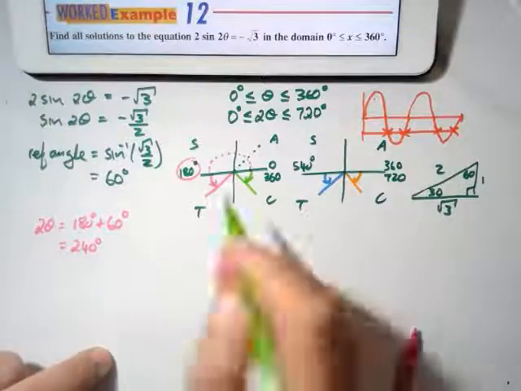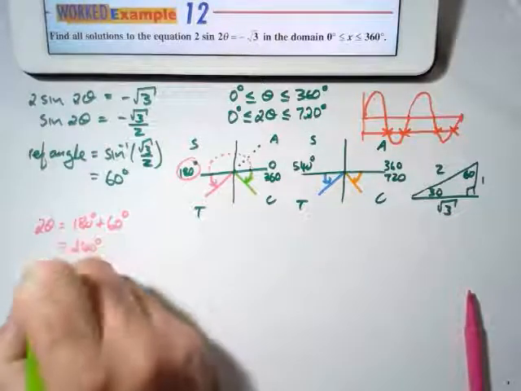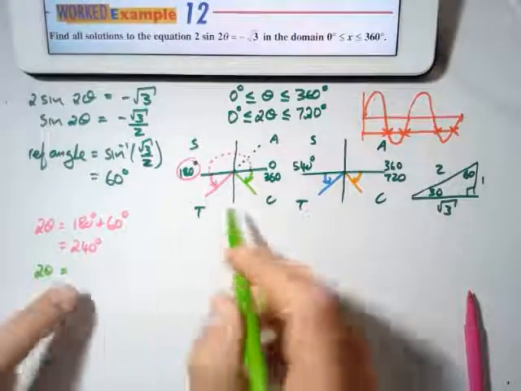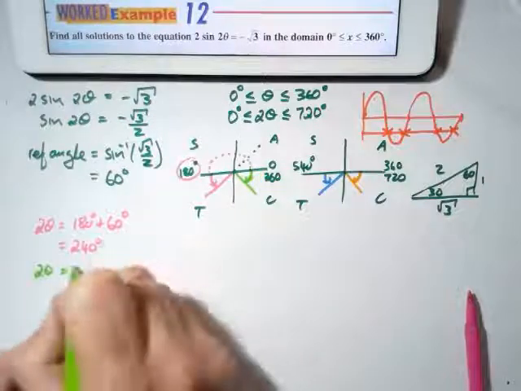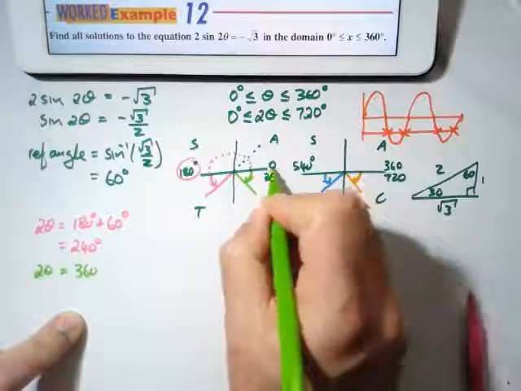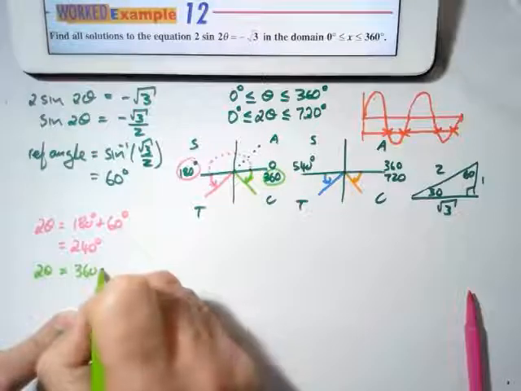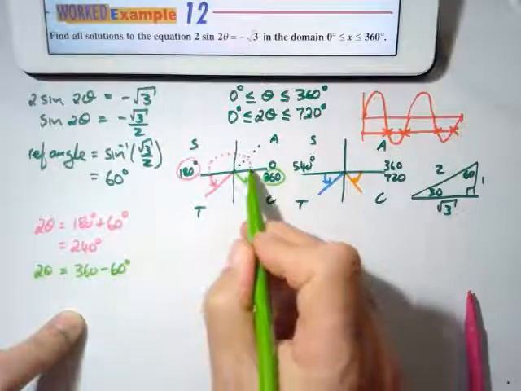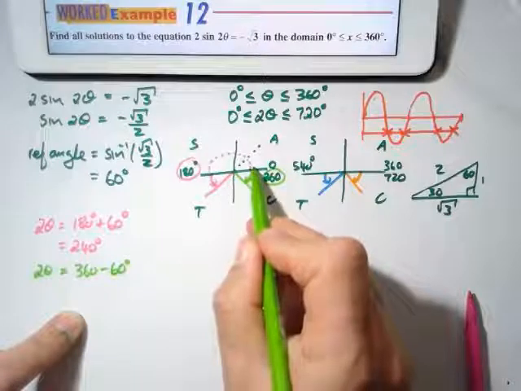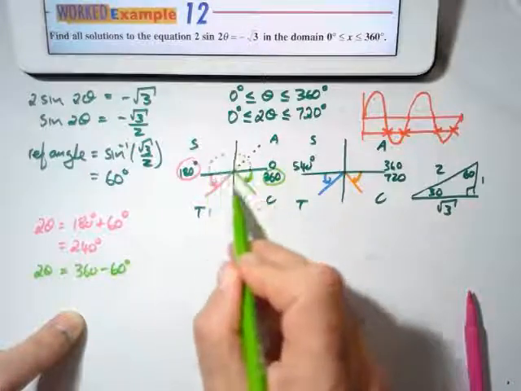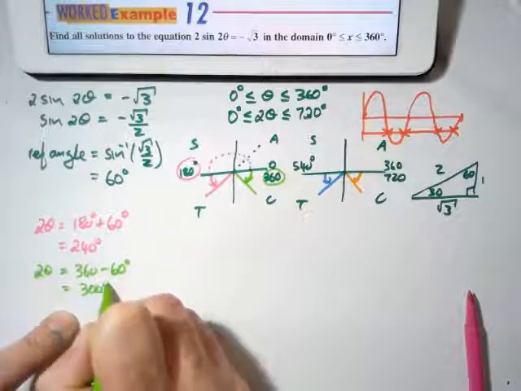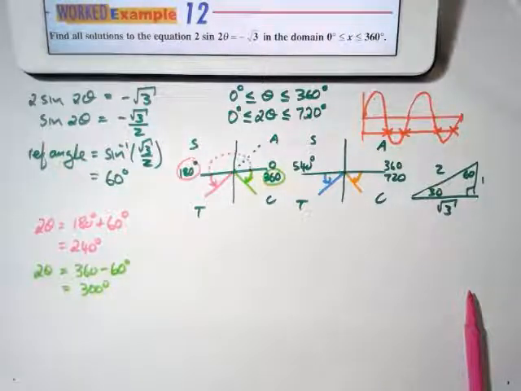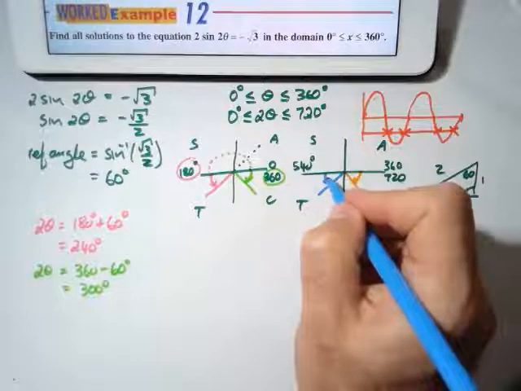The green one, this one, 2 theta equals 360, coming into the negative direction, take away 60. So if you think about it, 360 take away 60 will give me this angle all the way to there. That is 300 degrees. Blue, what's this?